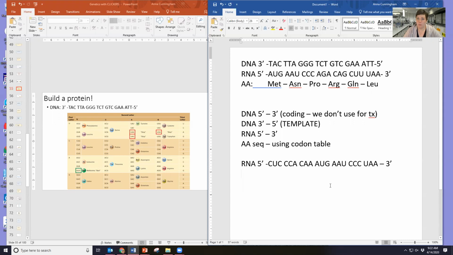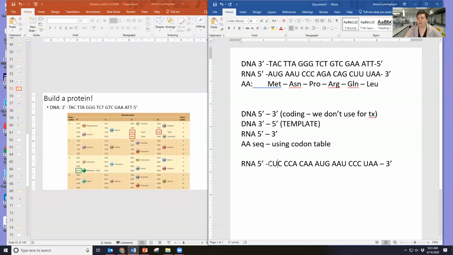Something that is very important here is, remember, translation does not start until you get to that start codon. So if we go through this whole process and we get an RNA strand, you see CUC codes for leucine. That's not our start codon. Remember, our start codon codes for methionine. That will always be the start of translation.